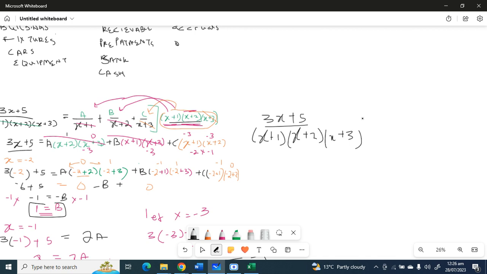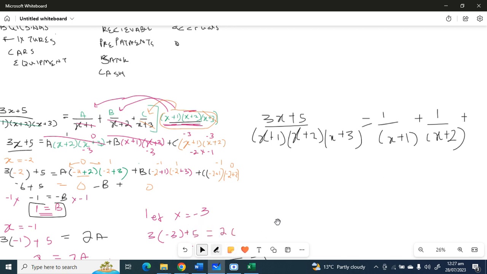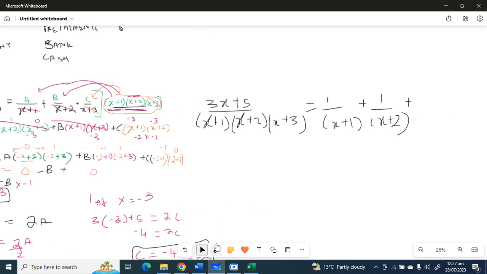all right, so in this case our a was 1, so we say 1 over x plus 1 plus our b is also 1, so we're going to say 1 over x plus 2, and our c was negative 2, so we'll say plus negative 2 over x plus 3.